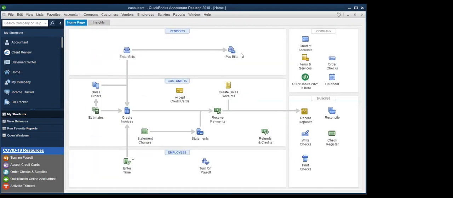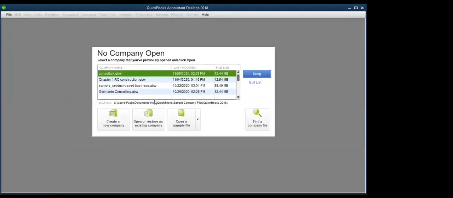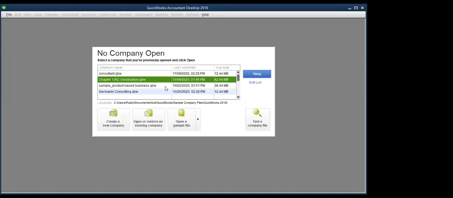okay, I chose the wrong company. I don't even have inventory. I'll have to close and open another company. Just a minute. I want you to see where inventory is. Okay, so let's open, I'll open RC Construction.